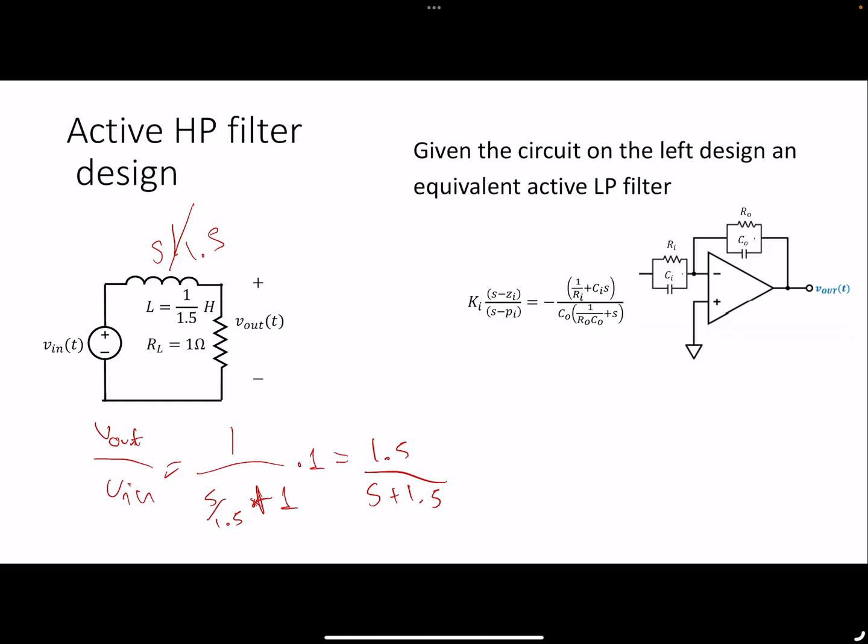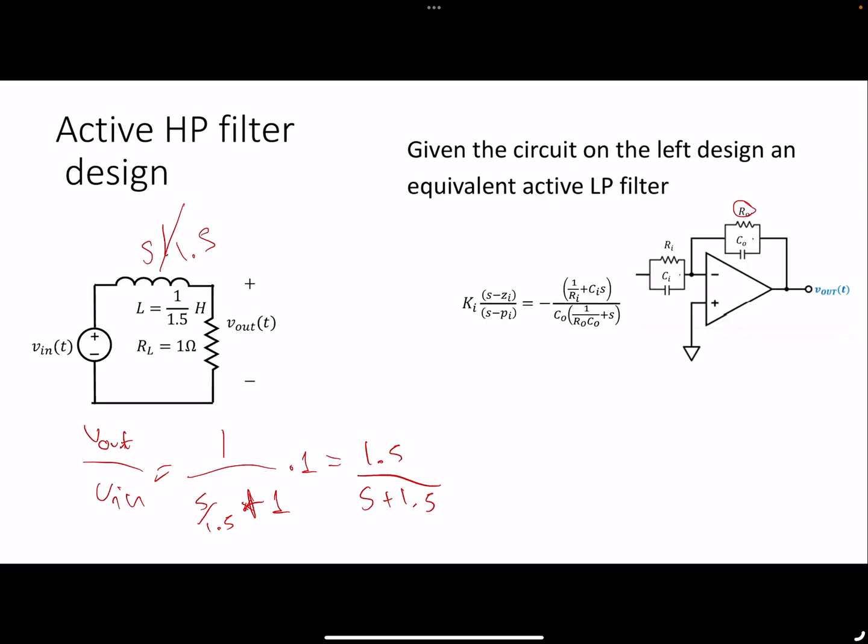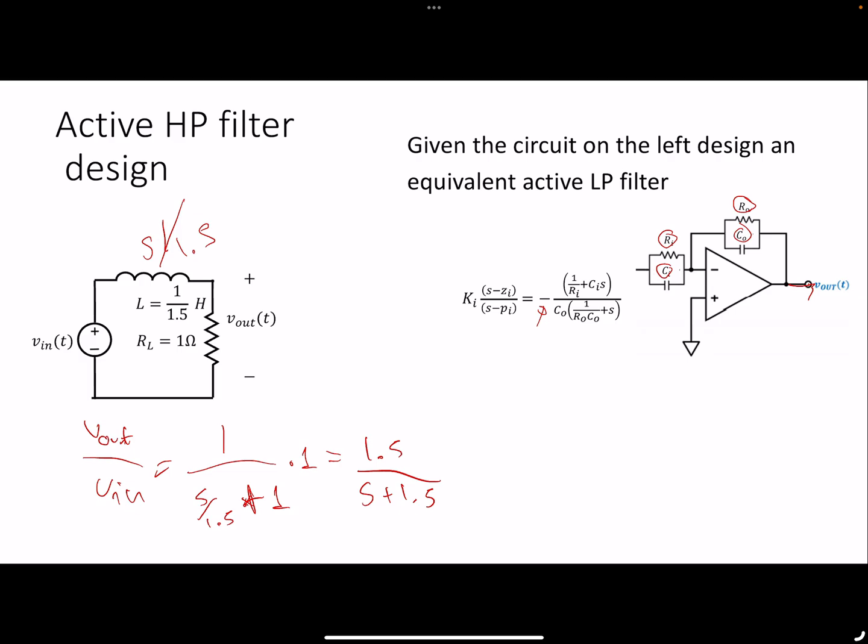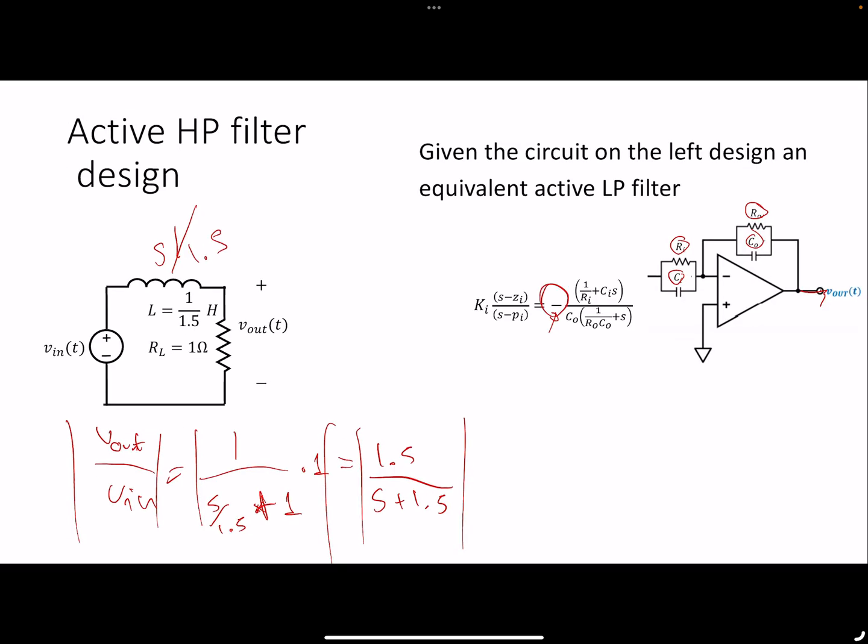Okay, so how would we have to choose R0, Ri, Ci, and Co to give us this transfer function? Let's assume for a second that this is non-inverting, so let's say I connect this to a voltage follower. I want to match the absolute value of this, not the exact, so that we don't have to worry about this negative sign. How would I choose Ri, Ci?